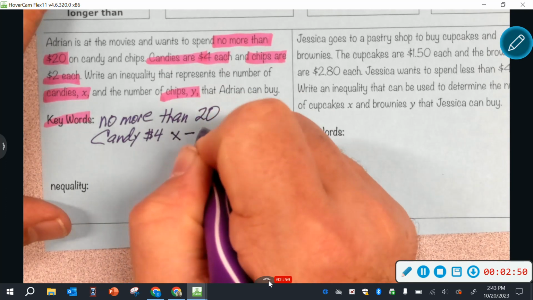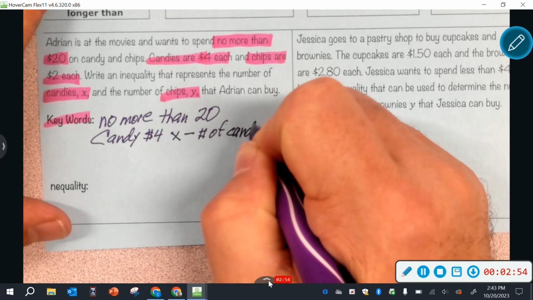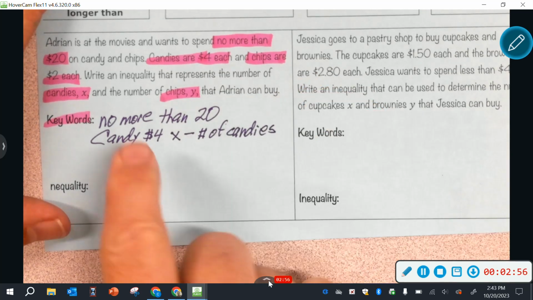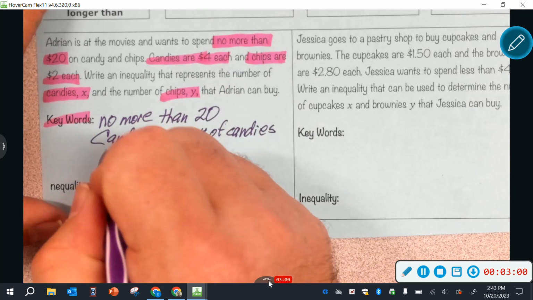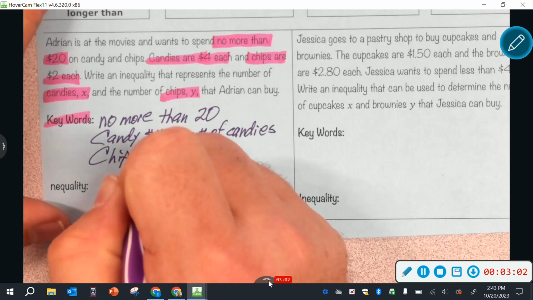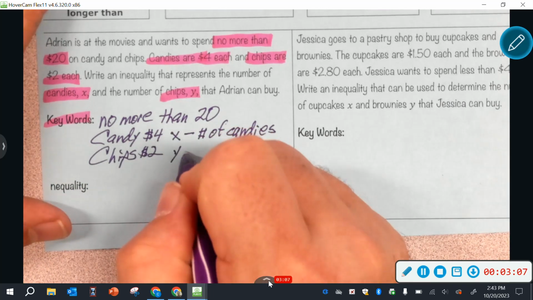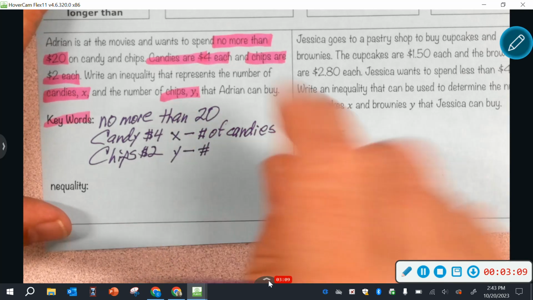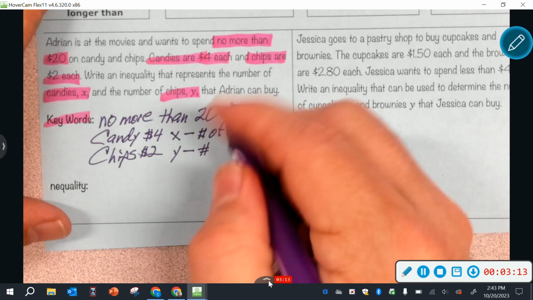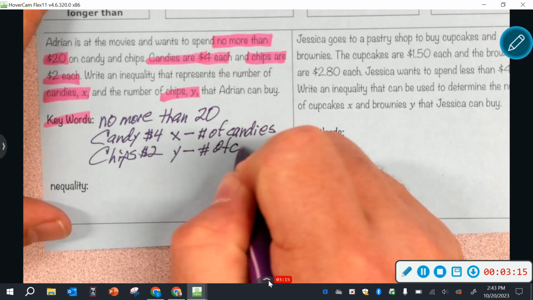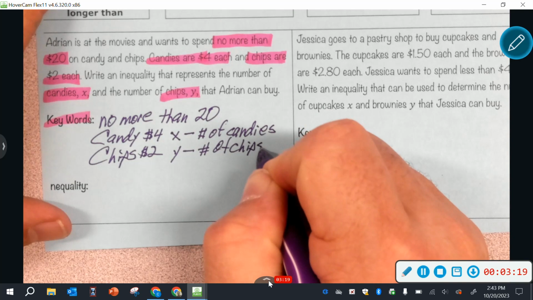That's going to be our number of candy or candies. And then also we're going to have y. So chips are going to be $2 a piece, and it's represented with y, and y is going to represent the number of chips. So notice this phrase right here, number of chips. I hope they're Takis.